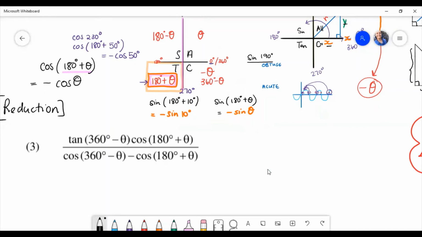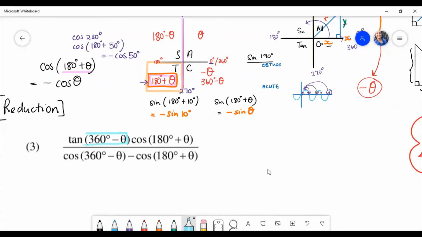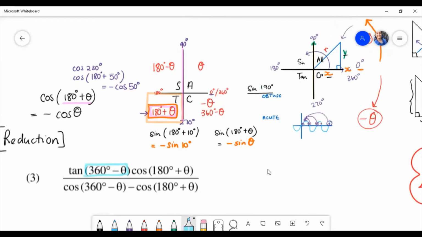What I start with is, once again, I'm going to tackle my angle as it's given. That is my number one clue. And then I'm going to assess whether it is positive or negative. So you always need your cast diagram right there next to you.